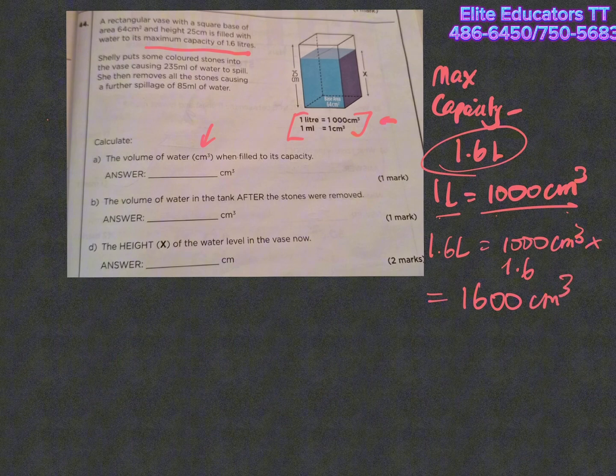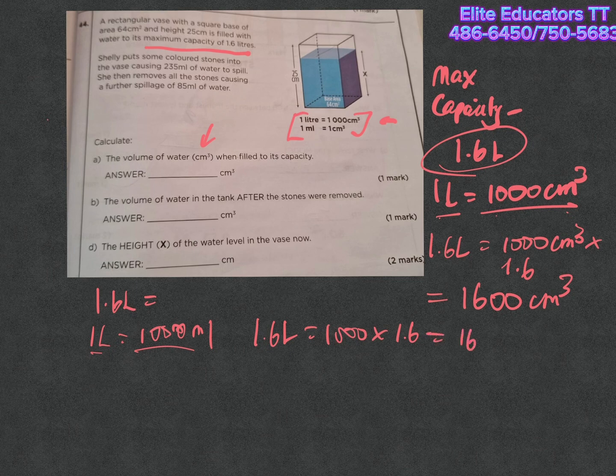centimeters cubed. Now, before I saw this, I thought I would have to do a little bit more explanation. 1 liter is equal to 1,000 ml, so 1.6 liters would be 1,000 by 1.6, which gives us 1,600 ml.